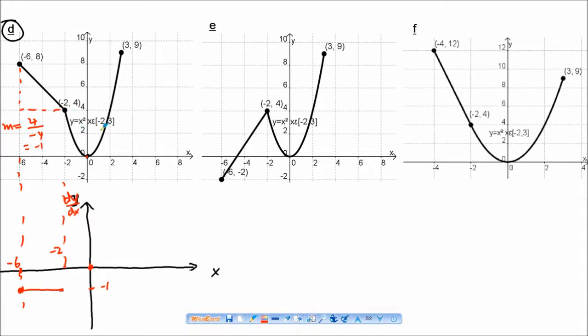From the parabola, I know the equation is y equals x squared. Differentiating, I have 2x. At the point x equals -2, dy/dx is -4. So it's -4 here.